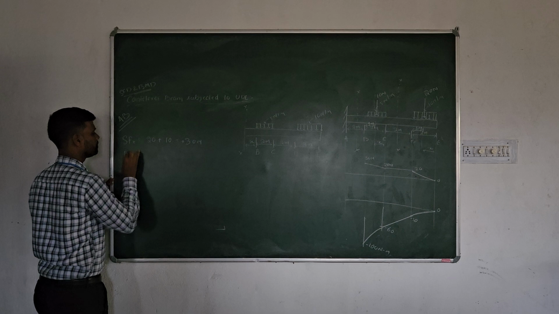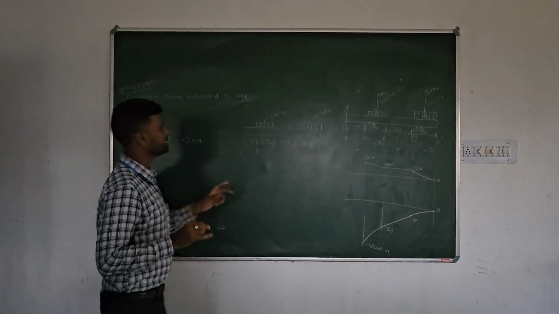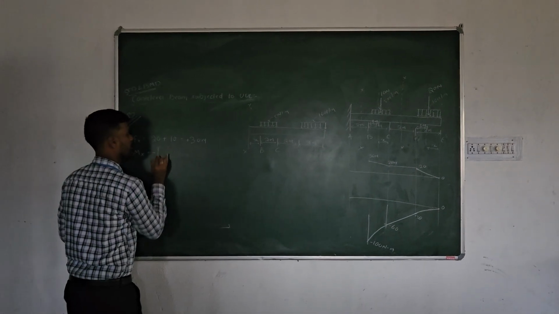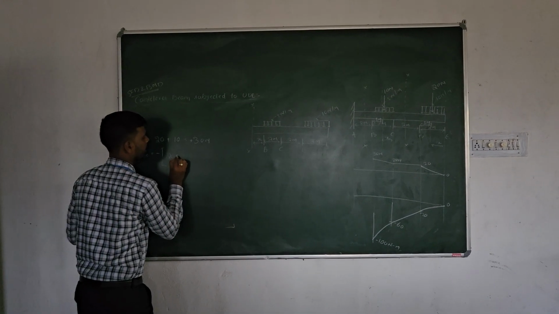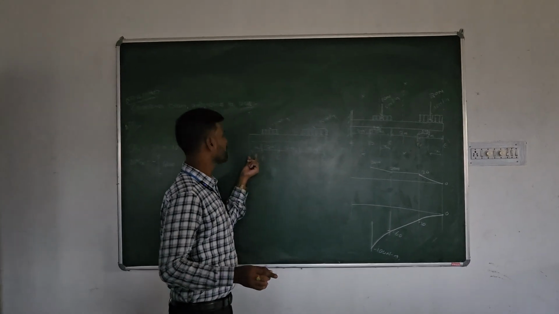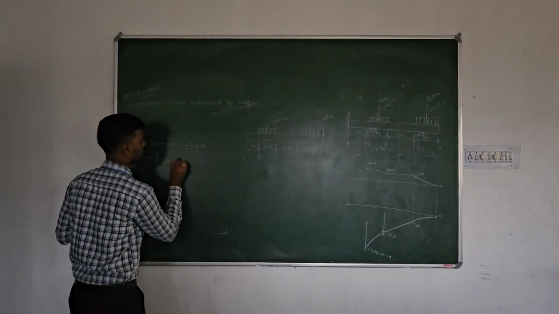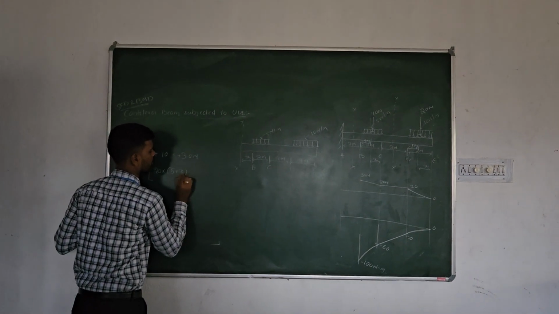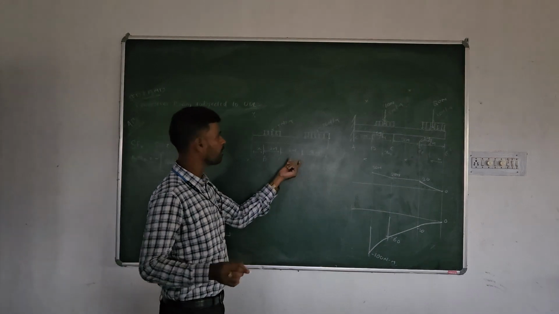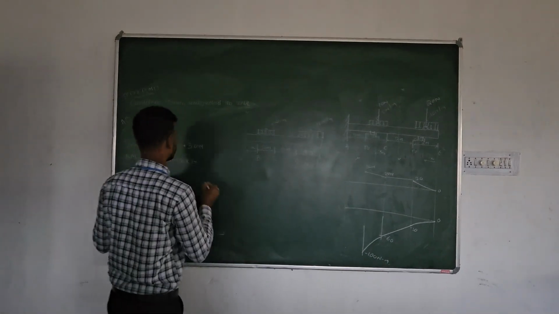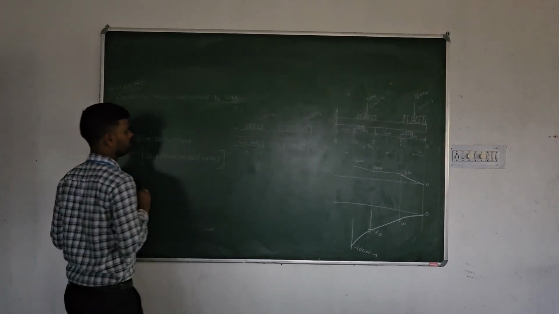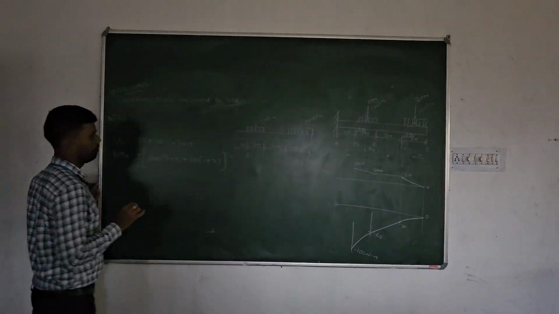Bending moment at x is equal to minus 20 into 1 plus 2 plus 2 plus x, that is 5 plus x, plus here there is no moment, no force is there, so no moment. Here 5 into 2, 10 into 1 plus x, this is the bending moment formula.